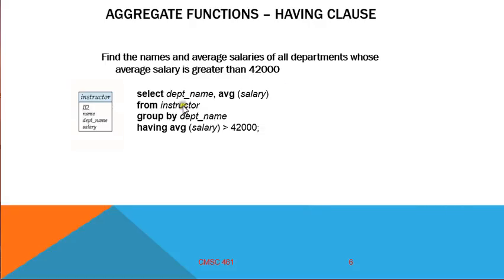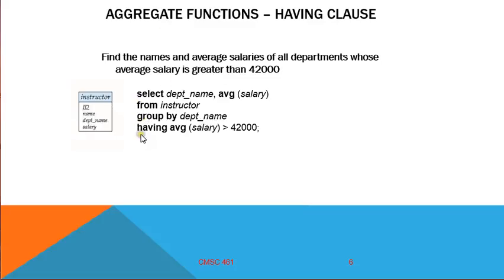So we do our select department name and average salary from instructor. We group by department name because we want to find the average salary by department. But we not only want to display the average salaries by department, we want to further restrict that and say only those departments who have an average salary greater than $42,000.